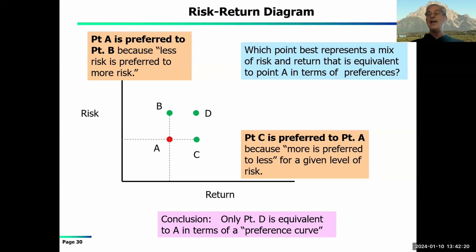Well, you're getting the same return for less risk. Why would you prefer B? Okay, well, what about C? Well, C is preferred to point A because more is preferred to less, and you're not taking on any additional risk. So the conclusion is only point D is equivalent to A in terms of what is called a preference curve.